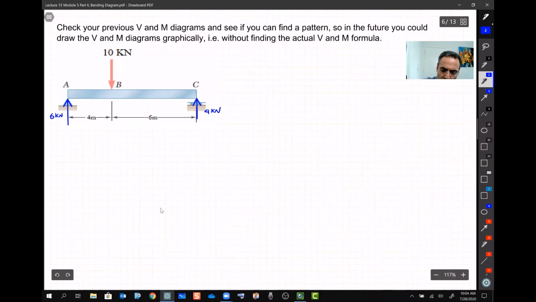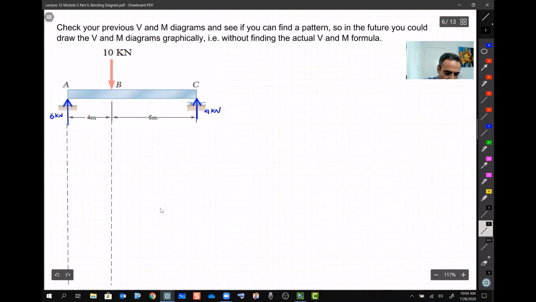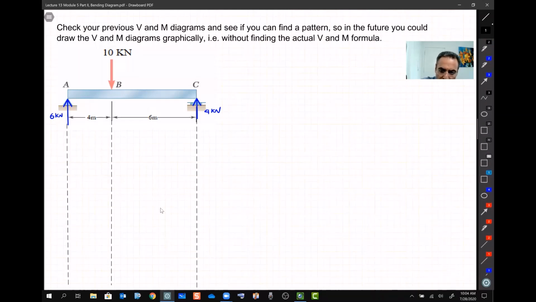As the question is asking, we want to find out the V and M graphs or diagrams without writing any equations. Already we did, but we pretend that we don't know the equations. Let's see if we can do that. If we can, it means our life is going to be easier, right?